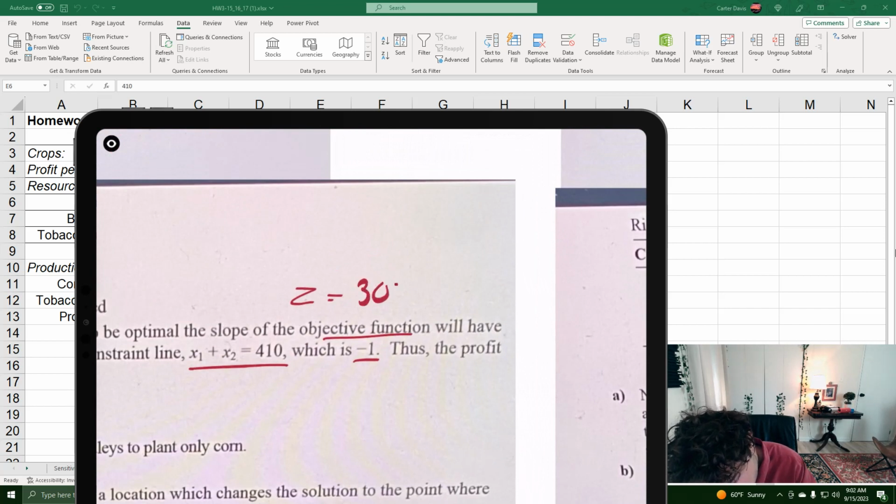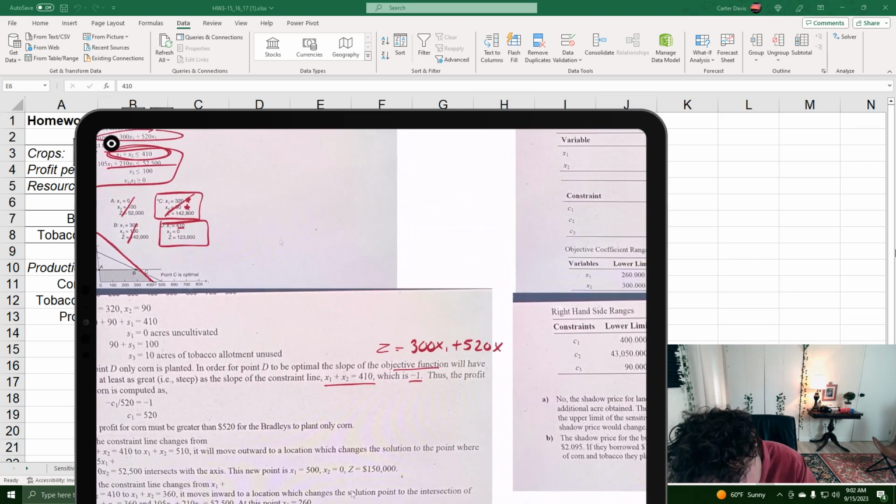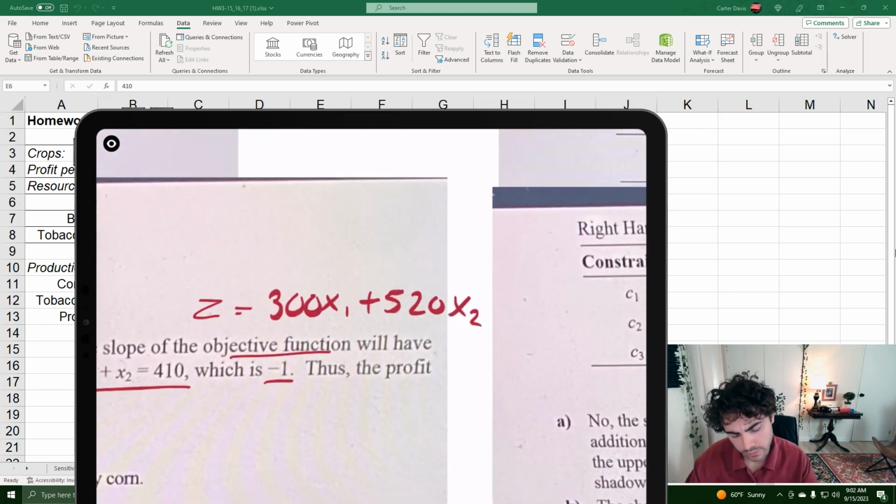So 300 x1 plus 520 x2. And we think about the slope of that. I almost think about it as think of z as just some constant. You could have just c in its place.